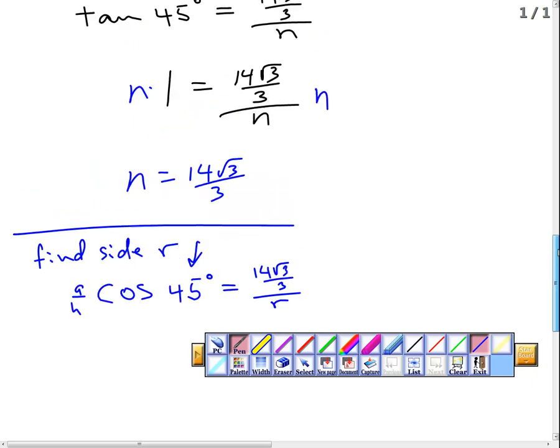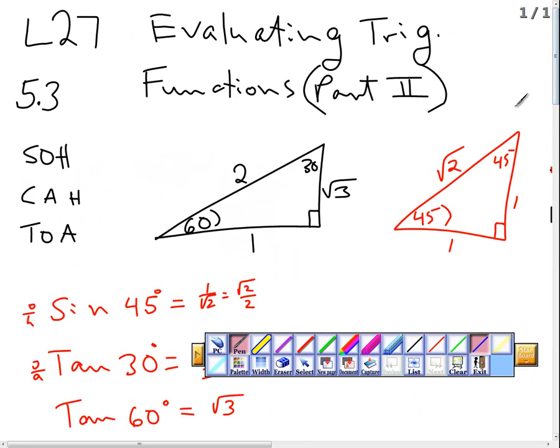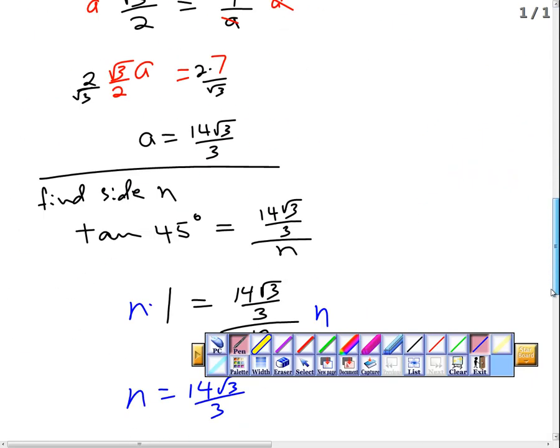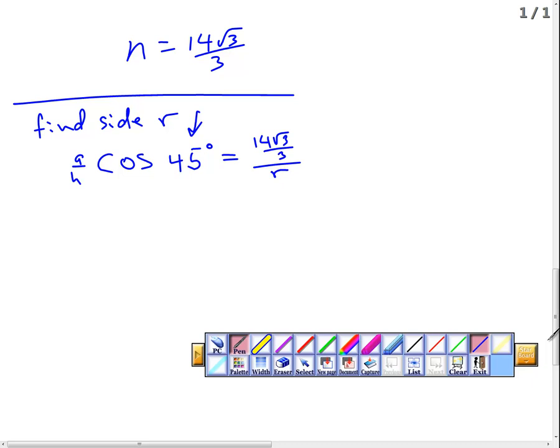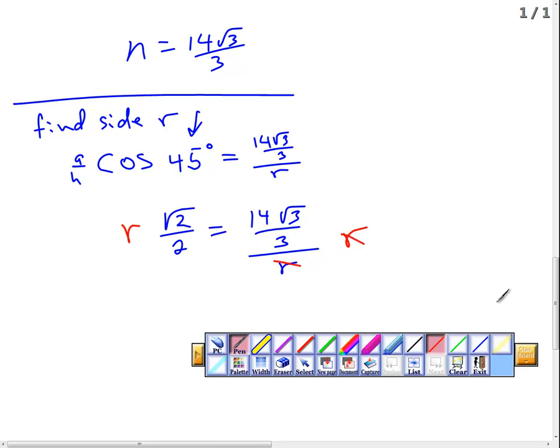So you have to go back to your special triangles, right? Cosine of 45 degrees is 1 over square root of 2, which rationalizes to square root of 2 over 2, right. So this would be square root of 2 over 2 is equal to 14 square root 3 over 3 over r. So we multiply both sides times r, right?